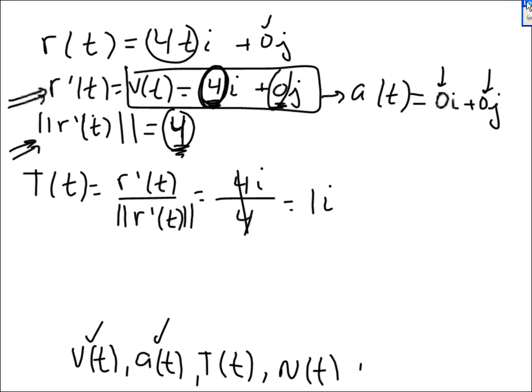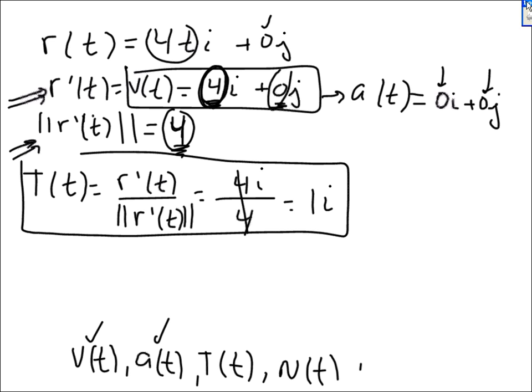That is the T vector. The unit tangent vector is 1i. Okay, so we have T of t.